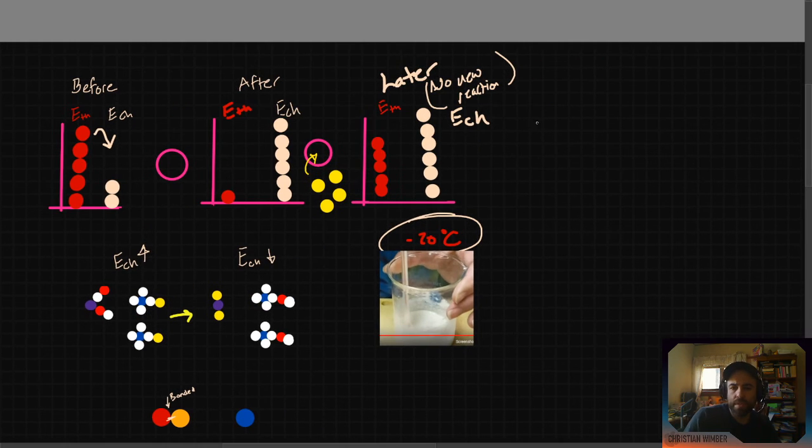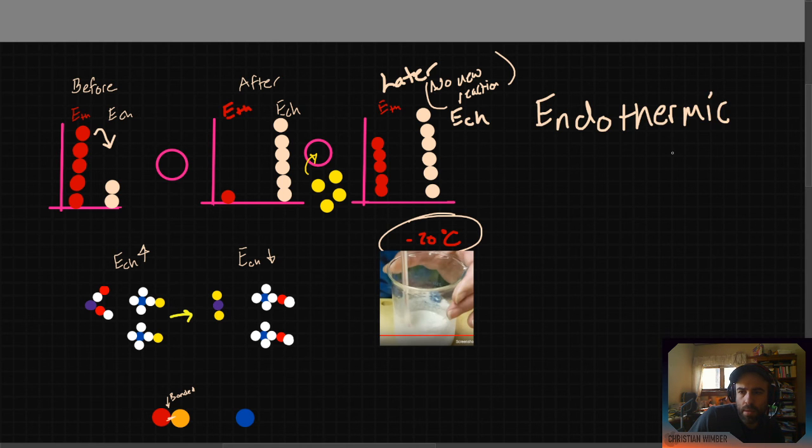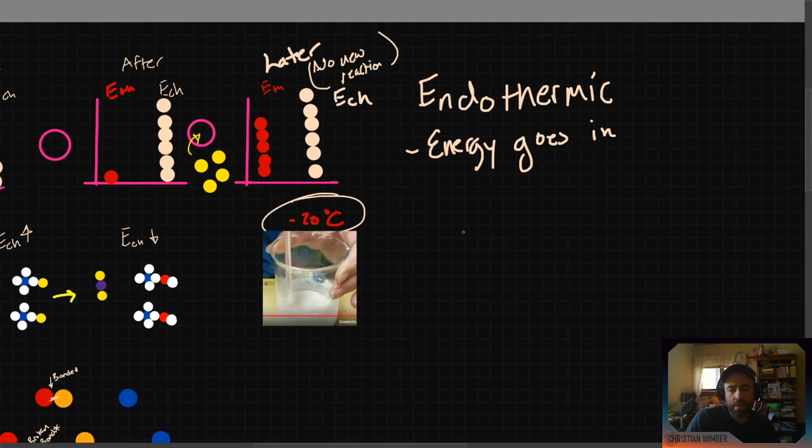We have a name for this. We say that this is an endothermic process. Endo means in, and thermo means energy. So energy enters, or energy goes in. There is also the opposite.